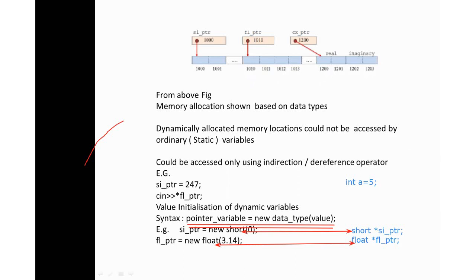Now the next example: first, float star FLPTR, you have to declare the variable, and after that the next statement is FL underscore PTR equal to new float of 3.14. That value has to be given, so that is initialized with that value.